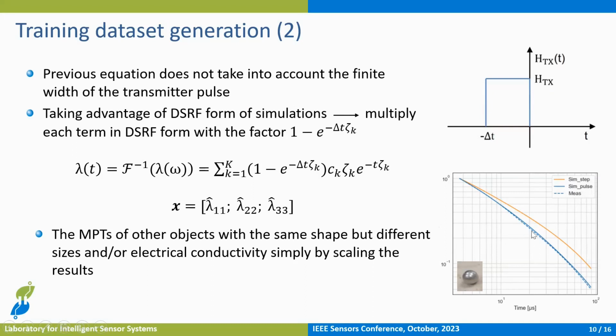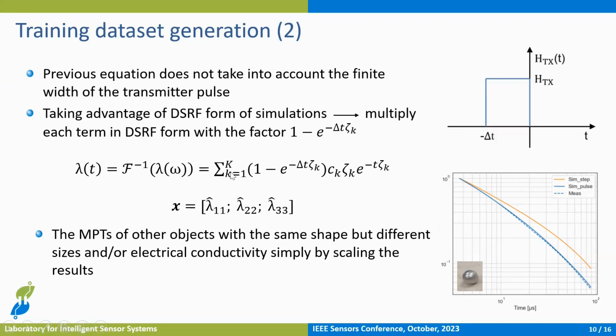Here is the example for an aluminum ball. If we simulate with a step waveform, and on the other hand with the width, I think this is something like 50 microseconds, we have a reduction of the amplitude. So we must account for that.